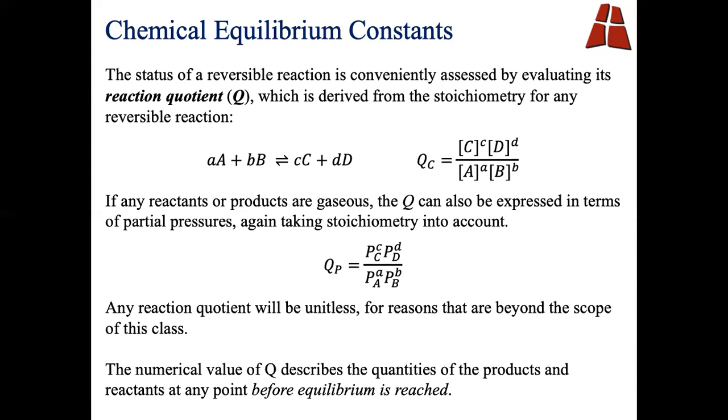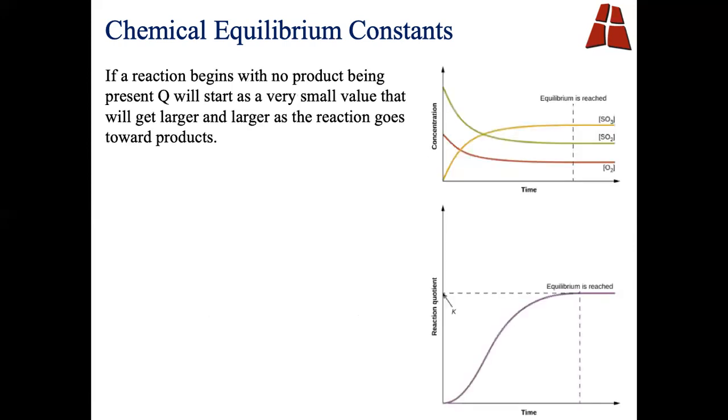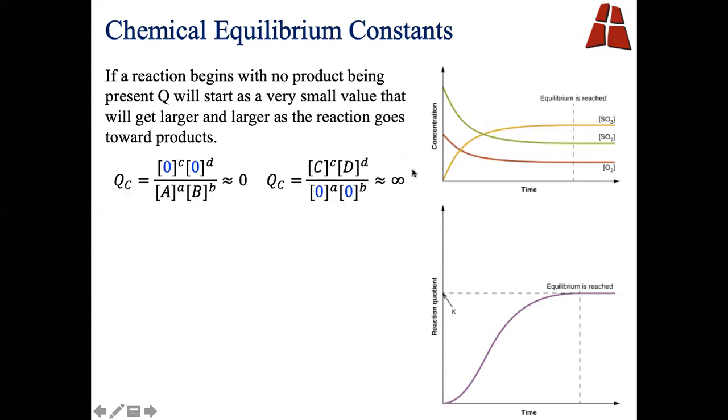And so this numerical value, Q, describes the quantities of products and reactants at any point before our equilibrium is reached. So again, any point beyond this dotted line is going to be Q. For example, if we start with no product, we'll start to form that product as our reactants decrease until our concentrations remain equal, in which case we've reached equilibrium.